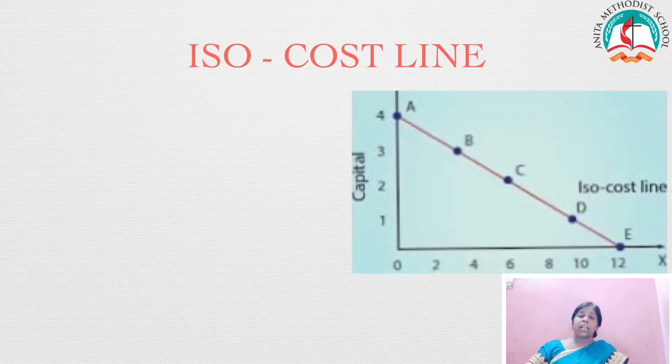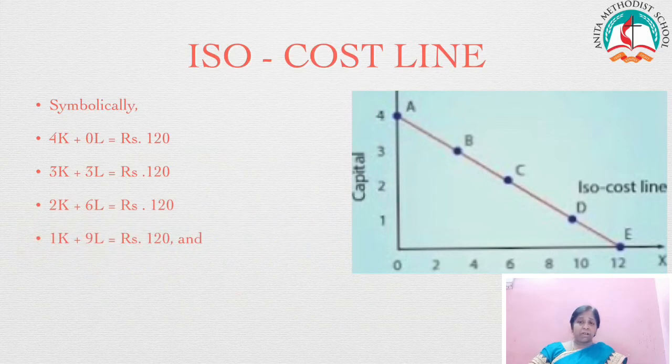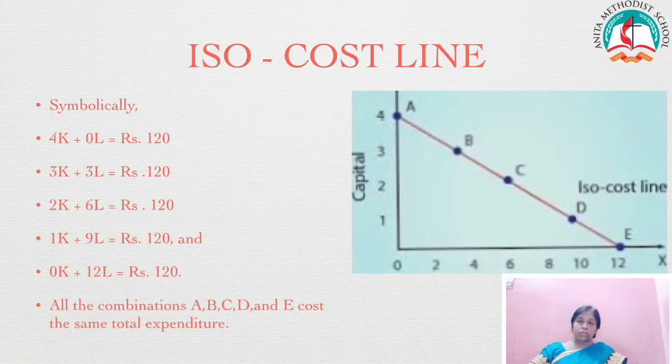Symbolically, we can say that 4 units of capital and 0 units of labor lead to rupees 120; 3 units of capital and 3 units of labor, rupees 120; 2 units of capital and 6 units of labor, rupees 120; 1 unit of capital and 9 units of labor, rupees 120; and 0 units of capital and 12 units of labor, also 120.